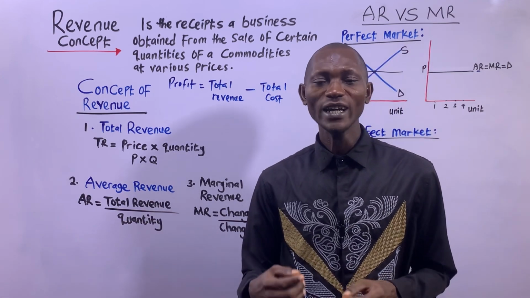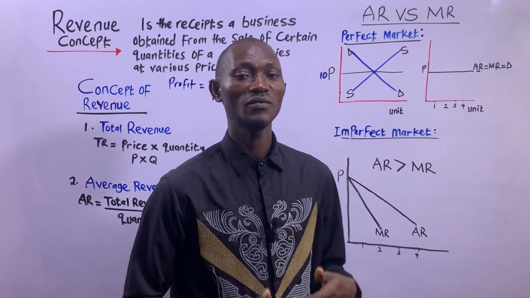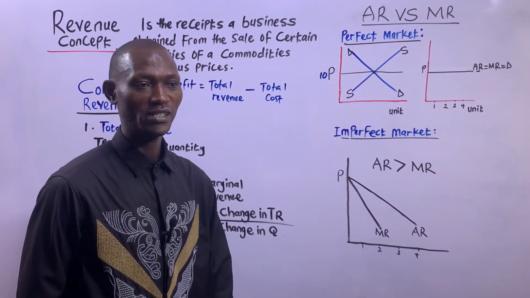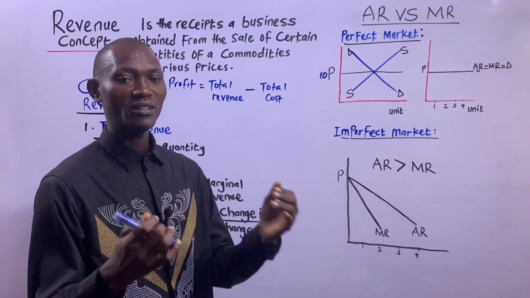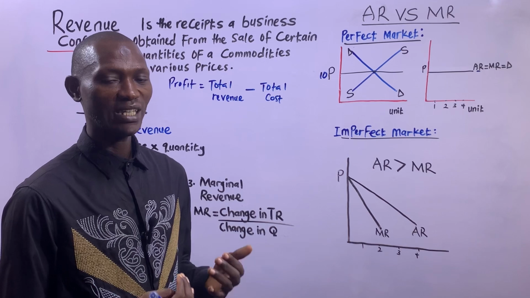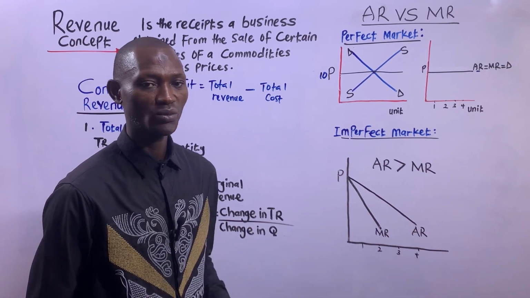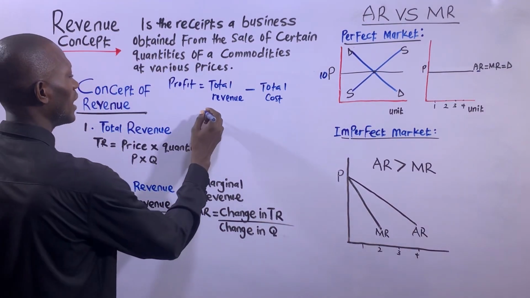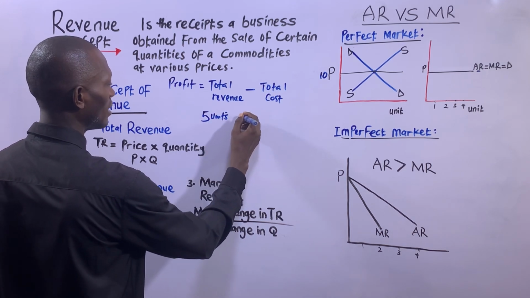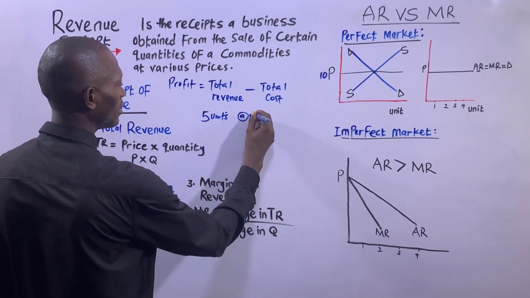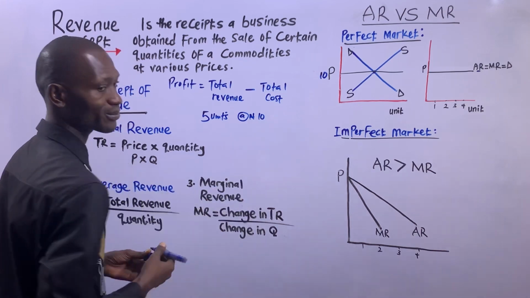So when I sell quantities of this marker, let's say for example, I sell 5 units of this marker. The amount I realize from that is called total revenue. So let's say for example, I sold 5 units of this marker at 10 naira each.